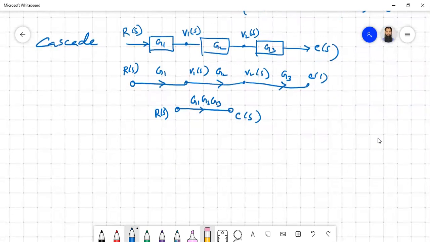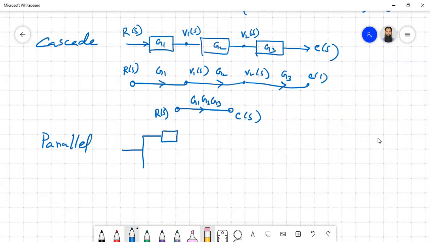This is cascade. Now, if you have parallel, what do you do? In the parallel form we learned something like this: we have pick-off points, transfer functions, and the summing junction. You have to be careful about the sign, but we are assuming all of them are positive for now.